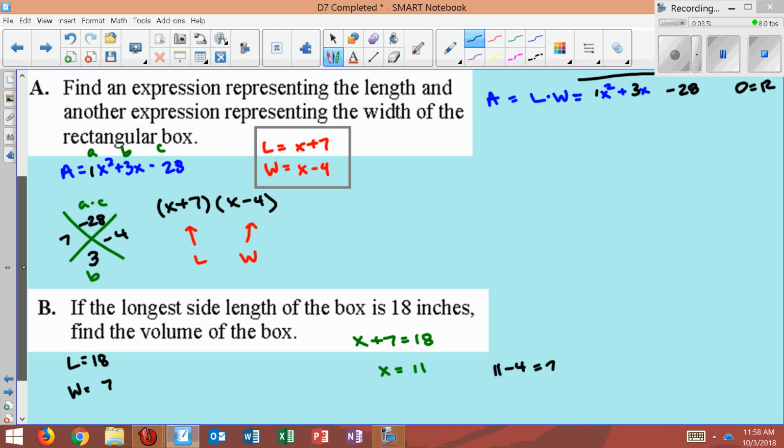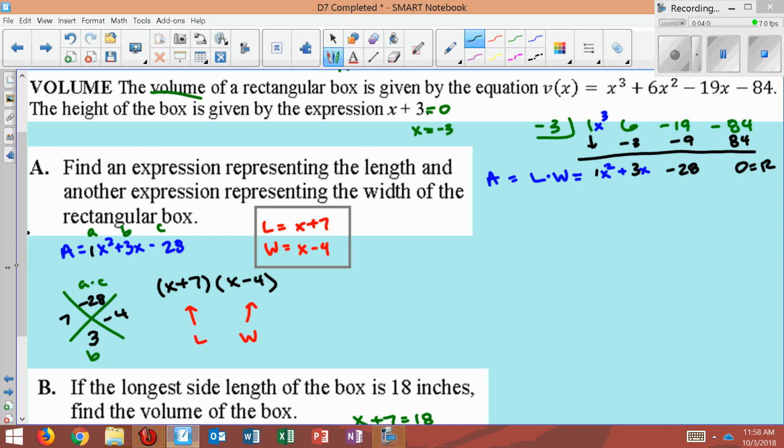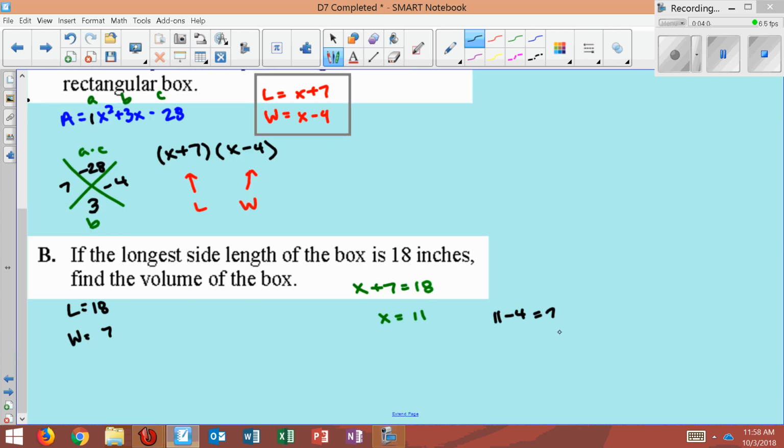And my height was x plus 3, was it not? Let's go back up here. Yeah, x plus 3. So this is the length, here's the width. Now the height would be x plus 3, which is 11 plus 3 equals 14. That would be my height.